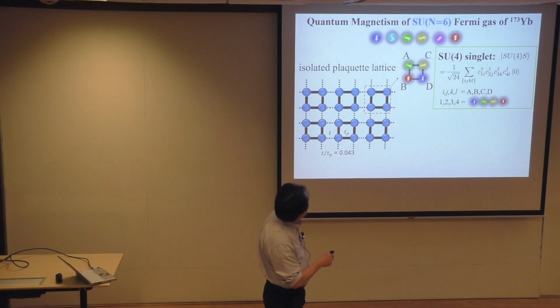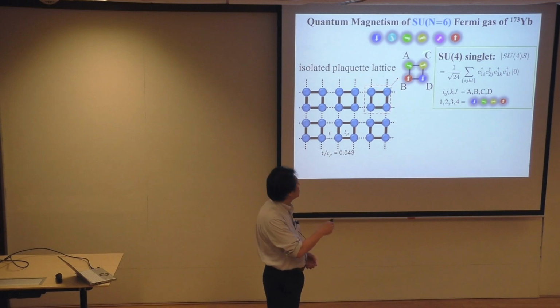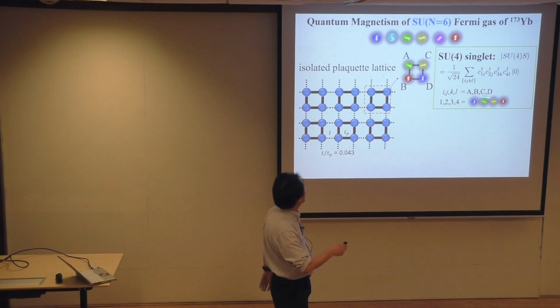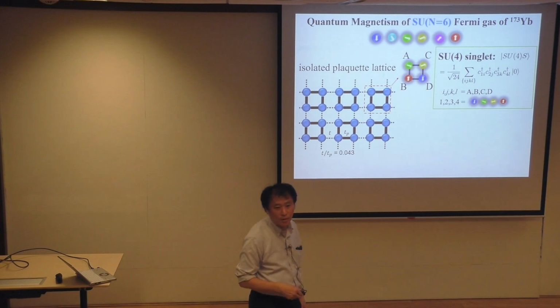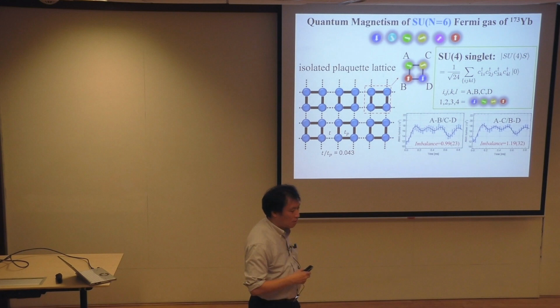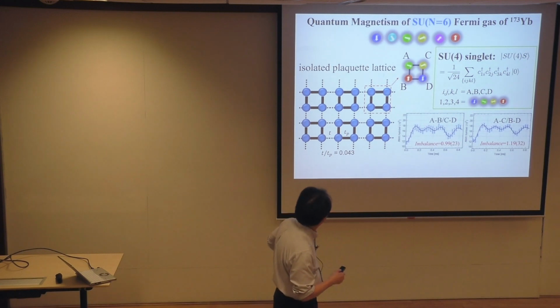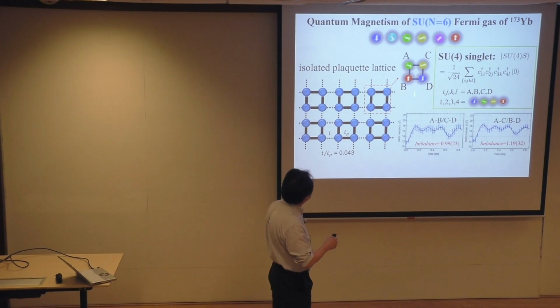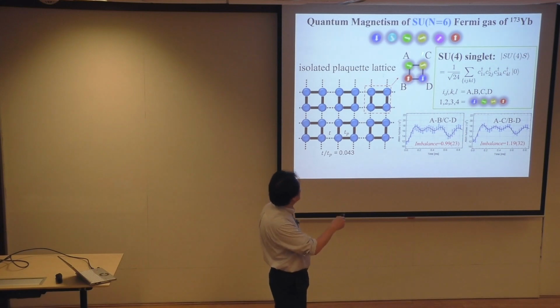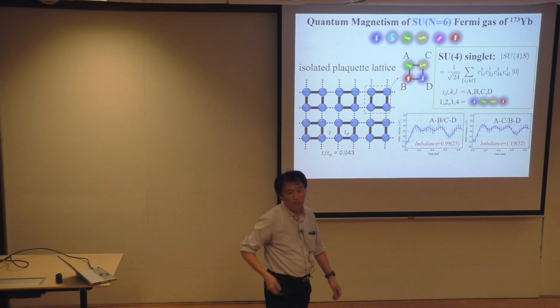Here, IJKL represents the site index, and A, B, C, D and 1, 2, 3, 4 represent the spin index of SU(6) Fermi gas. Our STO measurements show that there are almost perfect spin correlations along AB, CD, and AC, BD.